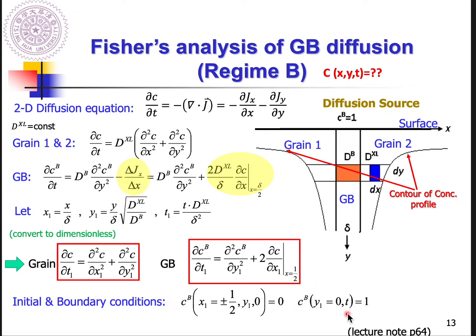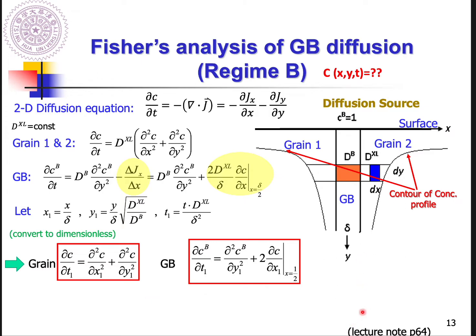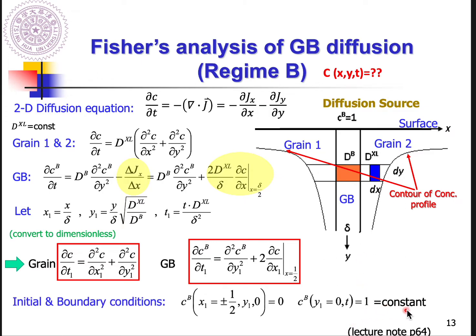At any time point during diffusion, C_B at y1 equals 0, the concentration must equal 1. The 1 actually means a constant. We use the 1 to substitute the concentration of the diffusion source.